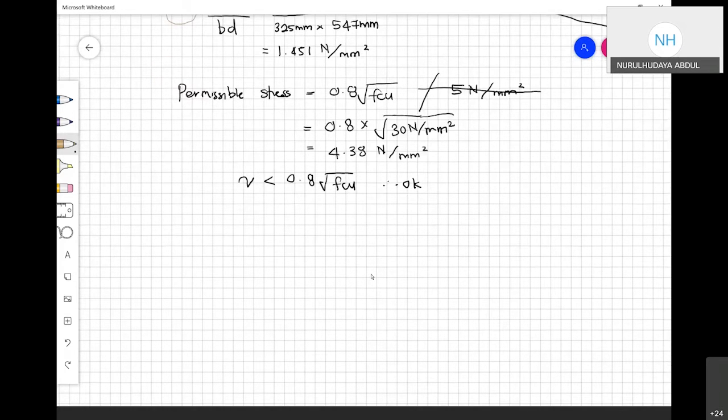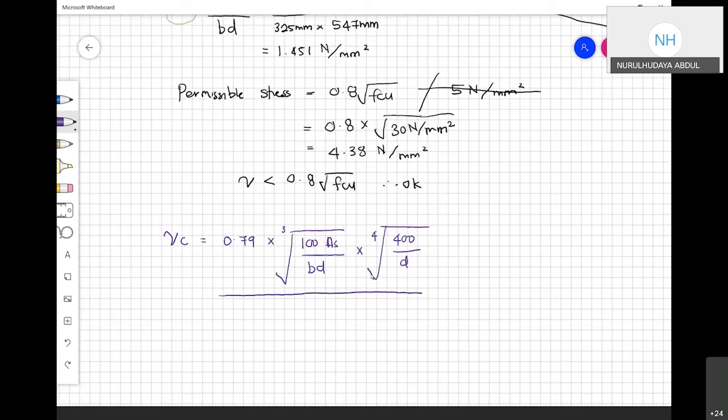In order to do so, we're going to use a formula: VC equals 0.79 times the cube root of 100 AS divide by BD, times the fourth root of 400 divide by D, divided by gamma M. Okay, so this is our formula.